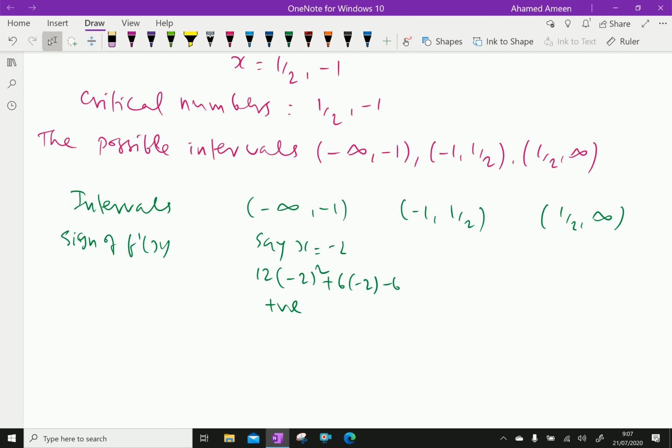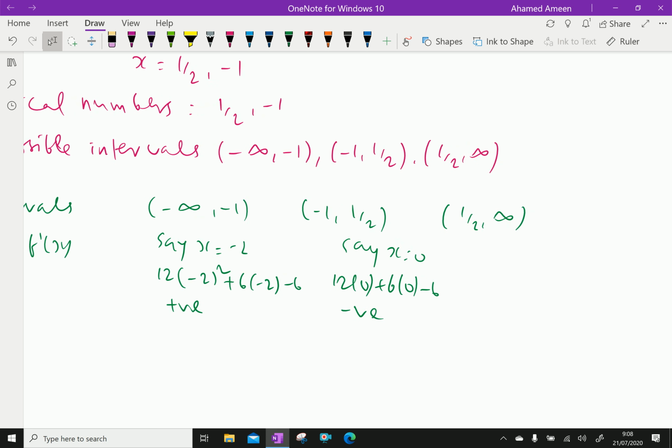Then for the interval minus 1 to half, let us take x equals 0. We substitute 12 into 0 plus 6 into 0 minus 6, so negative sign.